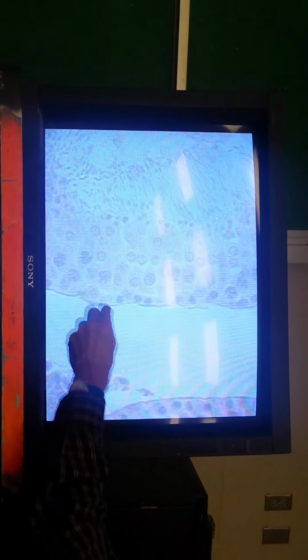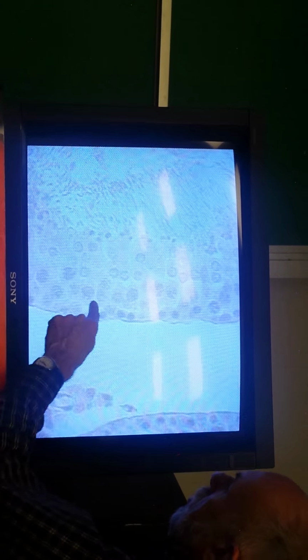Now here's our seminiferous tubules again. Let's look at one of these. Here's our basement membrane. So what are these cells? Spermatogonia. Cells in the first row, spermatogonia. What about the second row here?